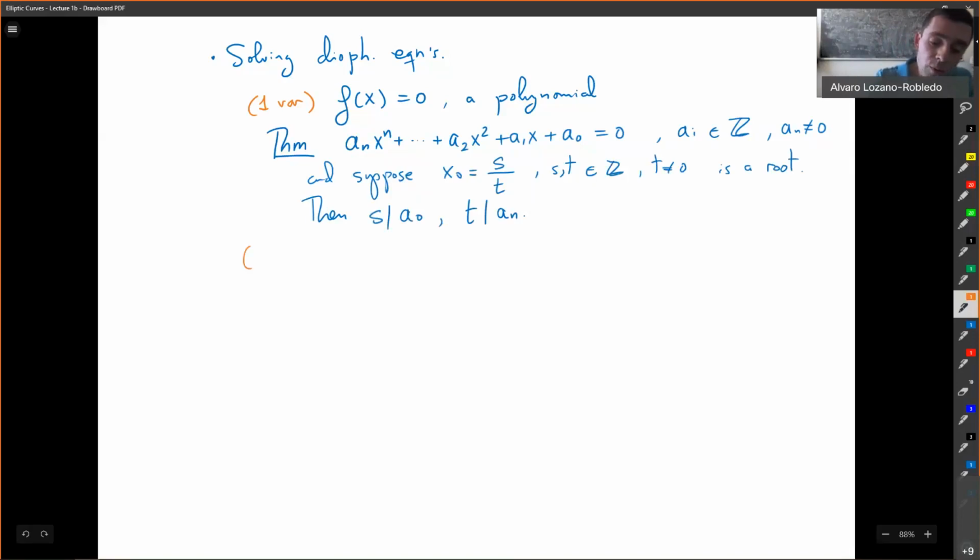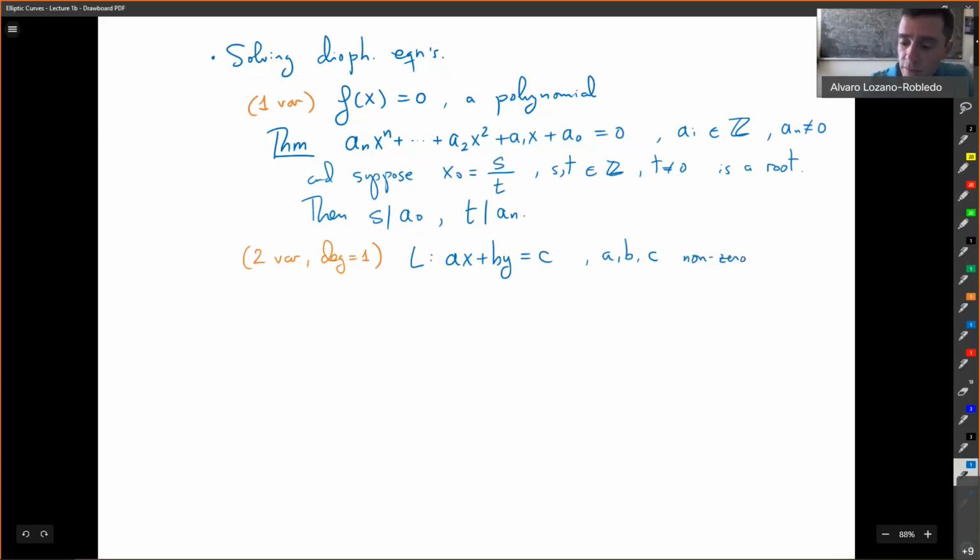So now we move on to two variables and degree 1. Those are lines in the plane, ax plus by equals c, with a, b, c, let's say, non-zero integers.